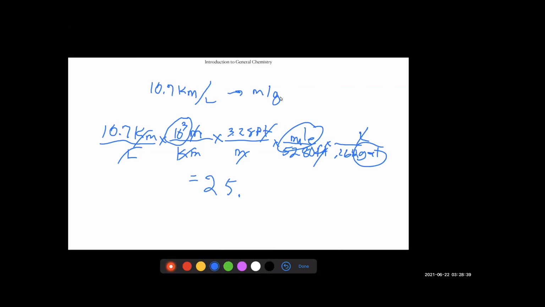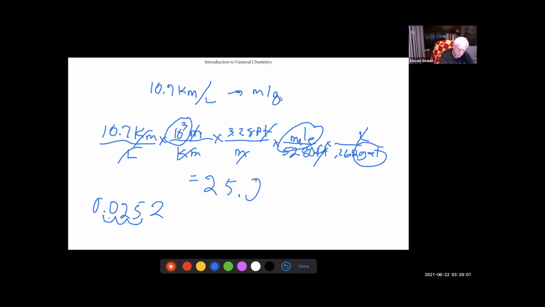How would you times 10 to the third on a regular calculator? Times 1,000. Move the decimal point 3 places. So in other words, you come up with 0.0252. If you times 1,000, move it 1, 2, 3. So 25.2 miles per gallon.